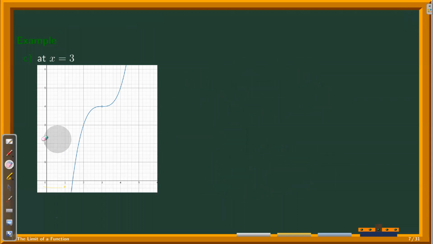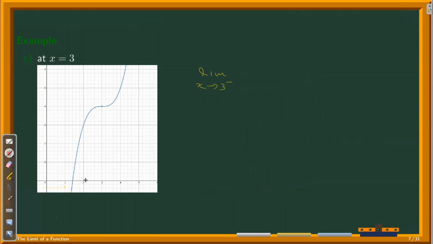Okay, but this function value notation you have to get used to it. Just so, limit x goes to 3 from the lesser side. So I start from here as I go towards 3.